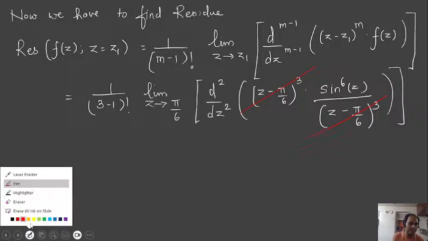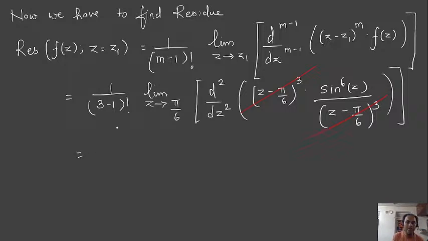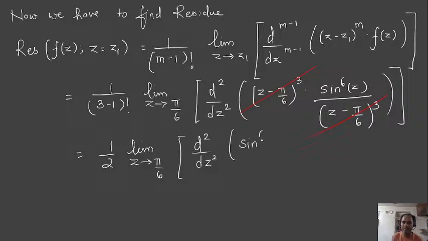So we substitute here: 1 by 2, limit z tending to pi by 6, double derivative d by dz squared of sine raised to 6z. Be careful while doing the derivative.